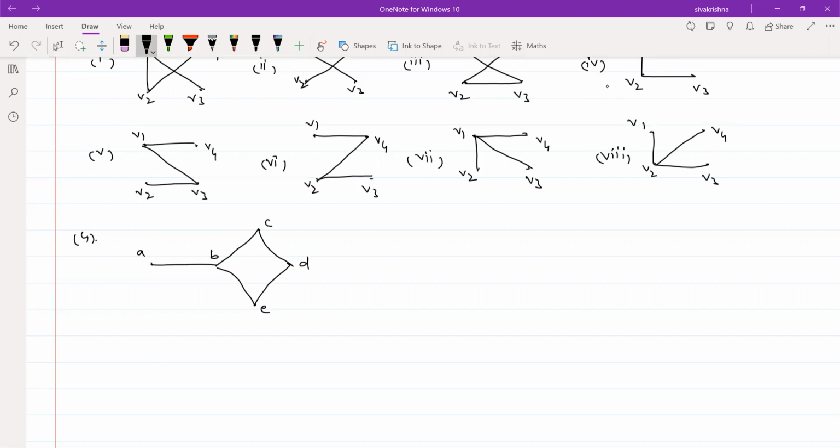And one more problem, the fifth one, with vertices A, B, C and D. For these two problems we have to find all the possible spanning trees. By seeing the above problems, you can do these two problems. Okay, thank you.